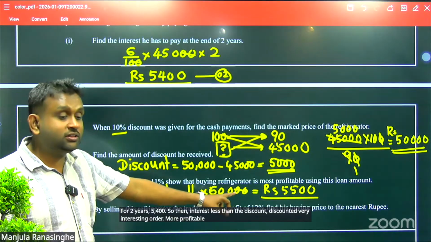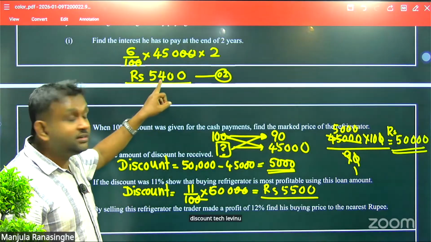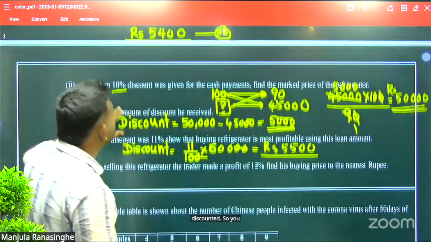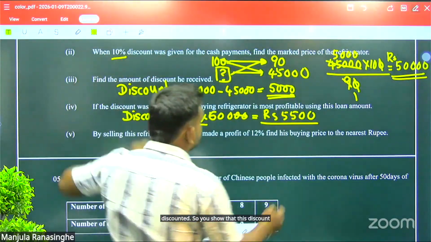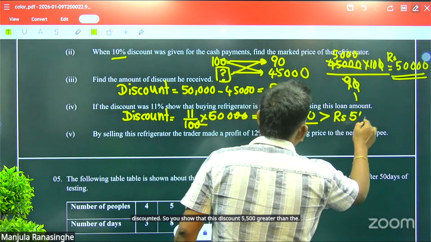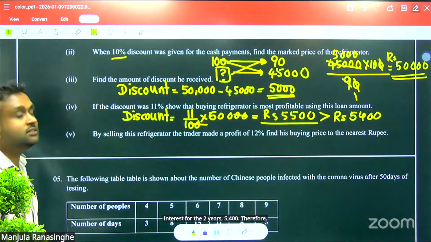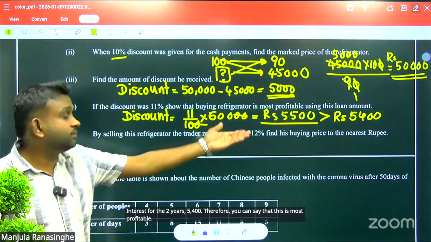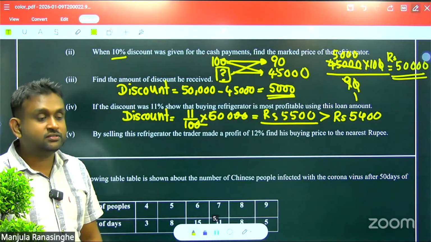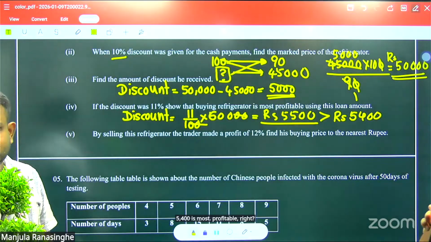We get a discount of 5,500 here, but we pay interest of 5,400. So you show that this discount of 5,500 is greater than the interest for the 2 years, 5,400. Therefore you can say that this is most profitable. Show it like this. Okay, you can see it in the book.